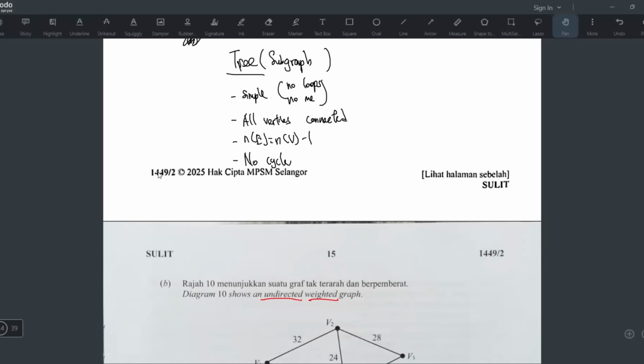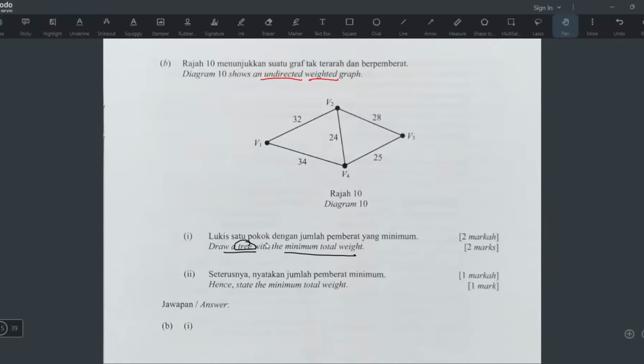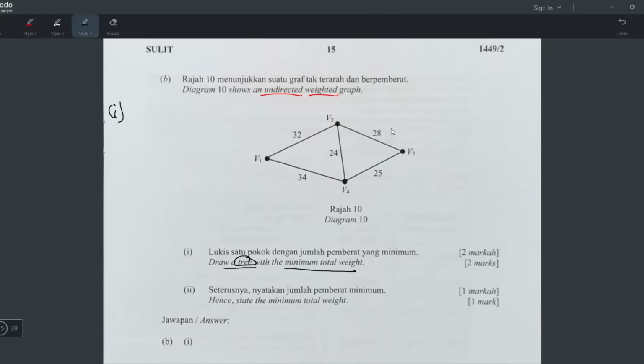Okay, alright, so now we can start to draw the tree. So they want to draw a tree, but they say it has to be minimum total weight. So I'll draw it here. So the method I teach my students is I will ask them to count how many vertices first. Yeah, that's how I teach my students. So count how many vertices? 1, 2, 3, 4.